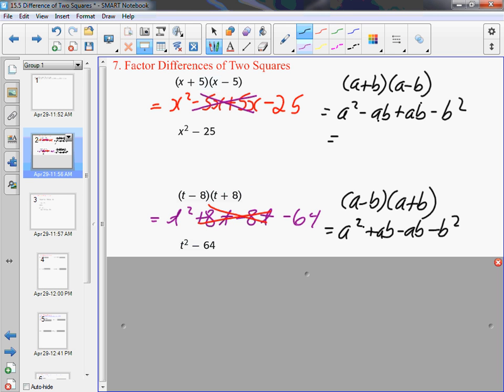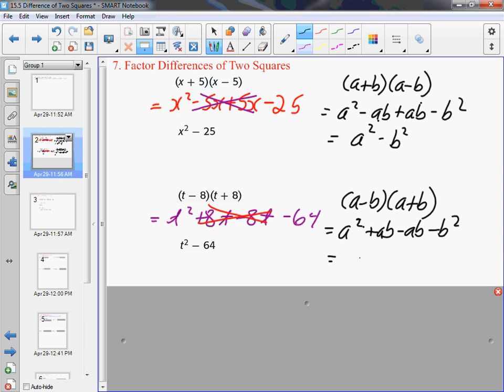You always end up with whatever that first term was squared, whatever that last term was squared, with a minus sign between them. We get the same thing down here. So whenever you have a plus b times a minus b, you always get a squared minus b squared. We're going to use that to factor a squared minus b squared.